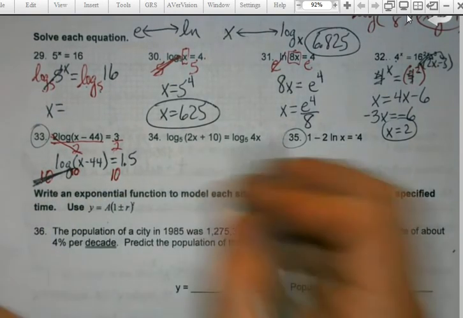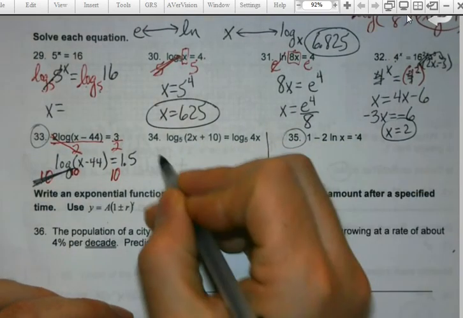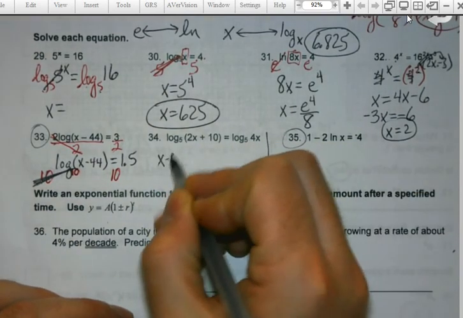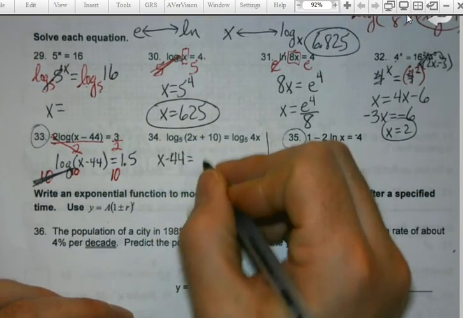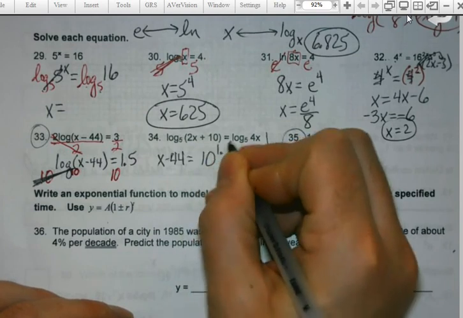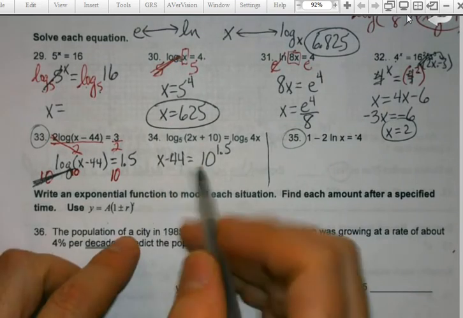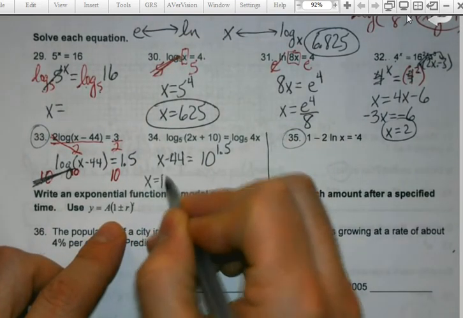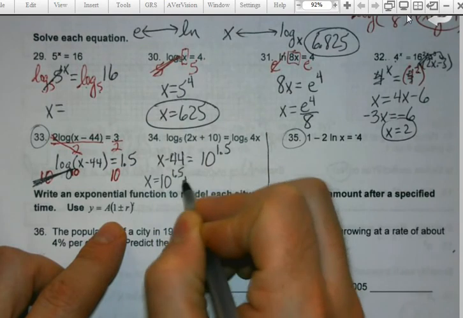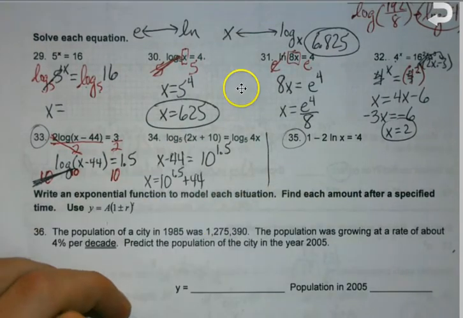And I'm going to take up some space in 34 here. Notice, though, I didn't plug in the 10 to the 1.5 and put the decimal down because I don't want to round until I have to. So my last step here would be to add 44. Now is the point where I can go to the calculator.